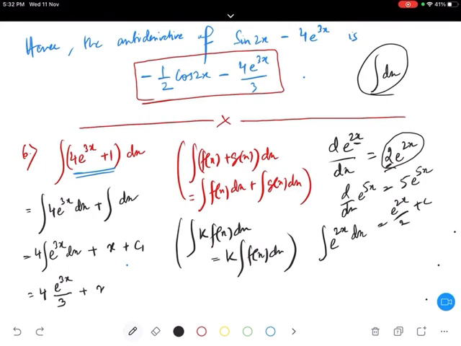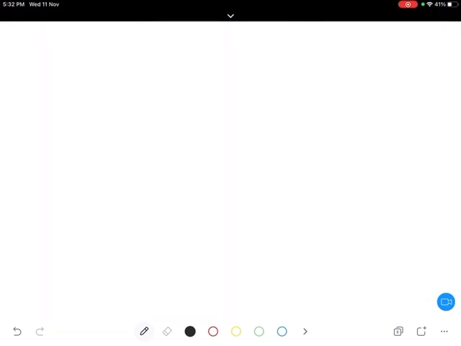Now this c1 will become c. Why? Because a constant will come out from this integration, and they combine the constants into one. So basically at the end you just have to write the constant as c. So this is my answer for integration. Let me do another question.